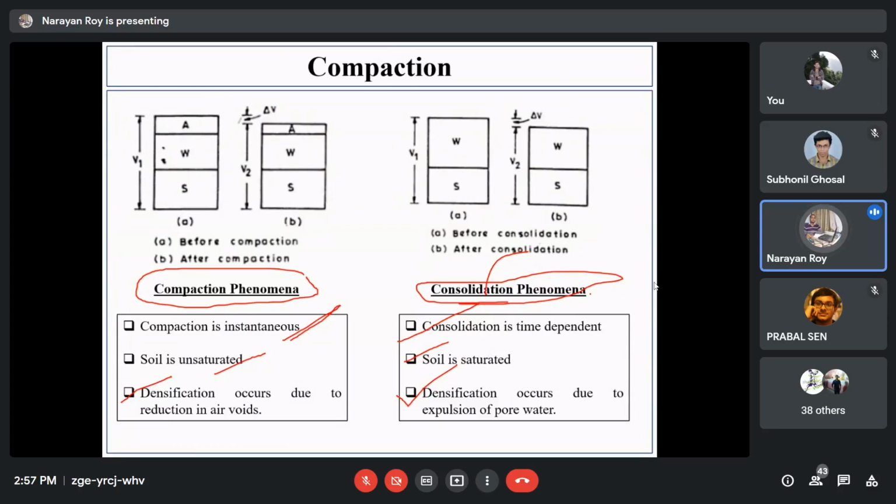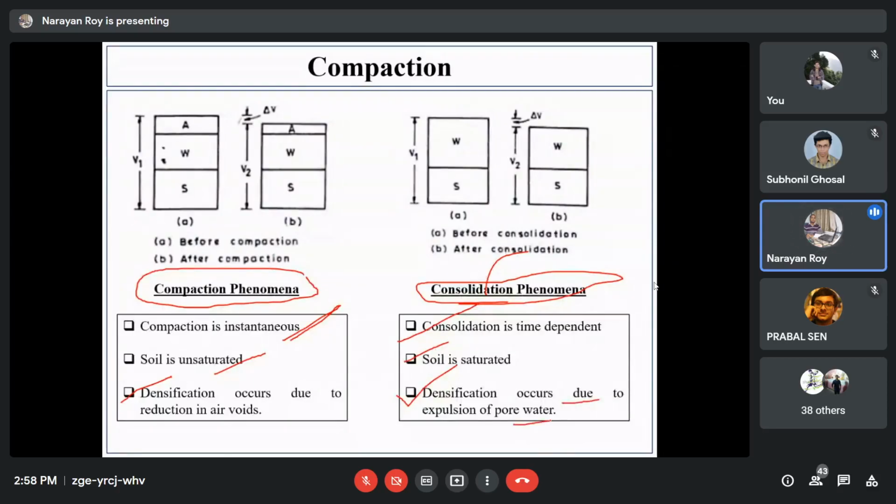As I already mentioned, consolidation is time dependent. While you apply the load, the soil will experience some excess pore water pressure. Once it experiences excess pore water pressure, it will take a long time to dissipate. Unless the pore water pressure dissipates, the soil strength will not increase. That's why densification occurs due to the expulsion of water.